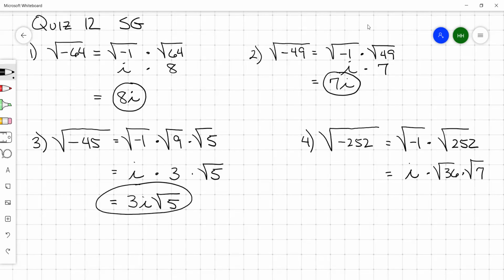The square root of 36 is equal to 6. So the real part, the imaginary part, and the radical. There's your simplest form using the imaginary unit.